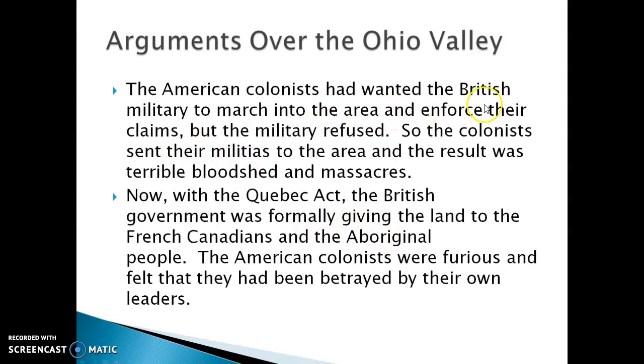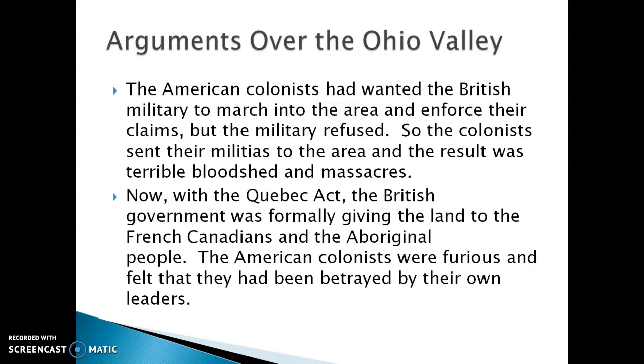So the American colonists had wanted the British military to march into the area and enforce their claims. In other words, they wanted the British military to go into the Ohio Valley and to kick out the Aboriginal people, to fight them and to defend the illegal settlers who were there.